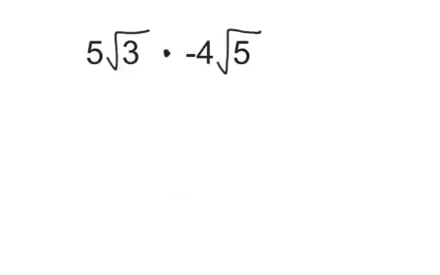Now, just to make this a little different, we actually have some coefficients in front of the radicals. Wouldn't you multiply those first? I like to think of outside numbers only multiply with outside numbers. Outside numbers don't multiply with inside numbers. So 5 times negative 4 would give me negative 20.